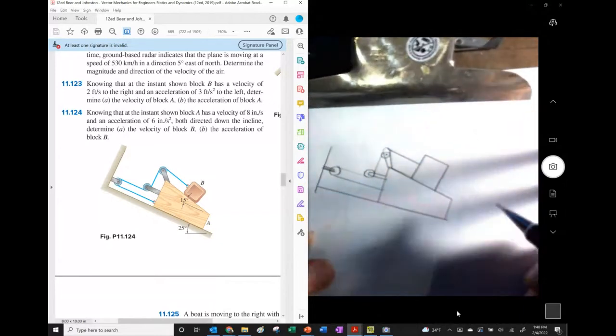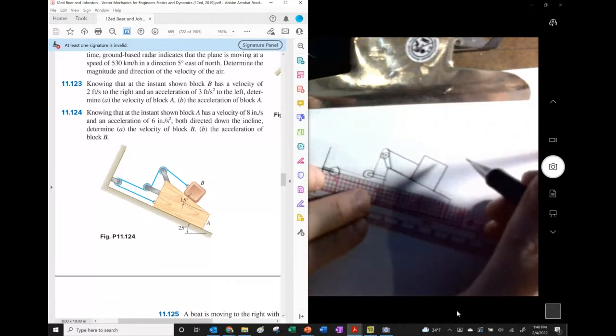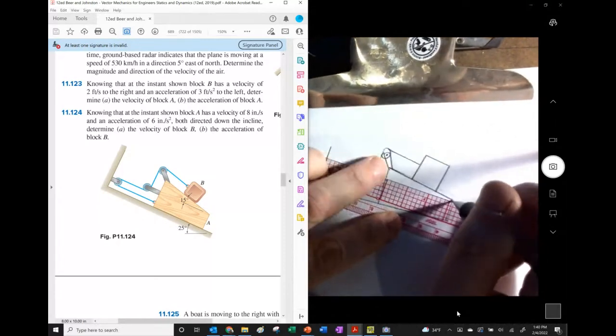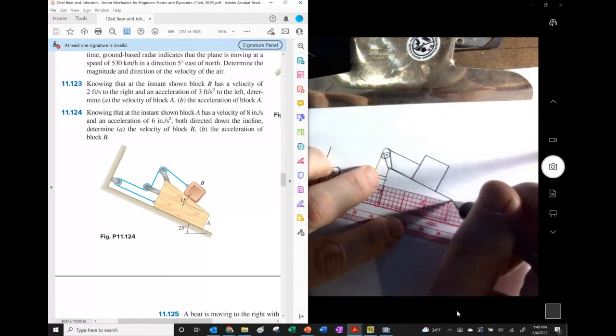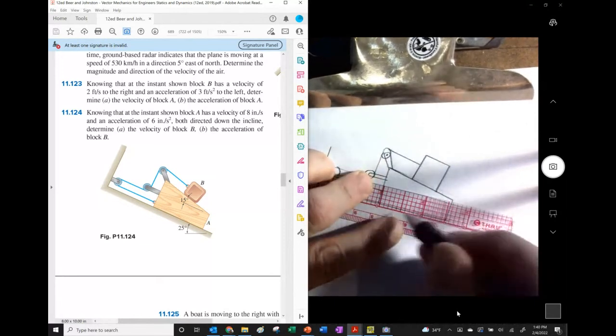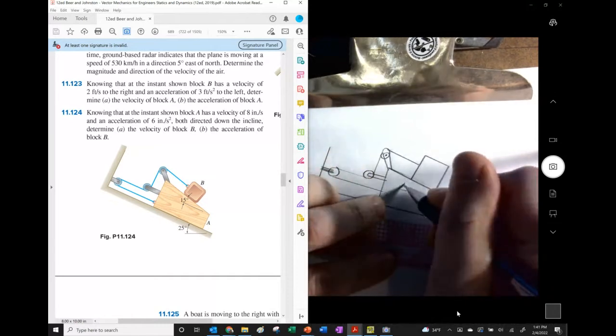Okay. Got a lot of stuff in there. All right, so there's a 15, and that 15 is with respect to this. What's nice about the see-through ruler is that you could see where that line is parallel. That's one of the advantages.